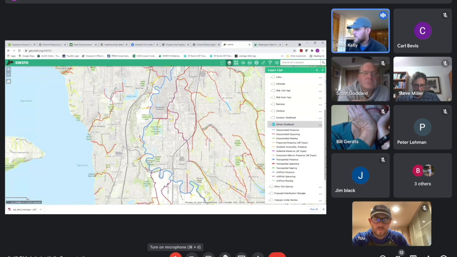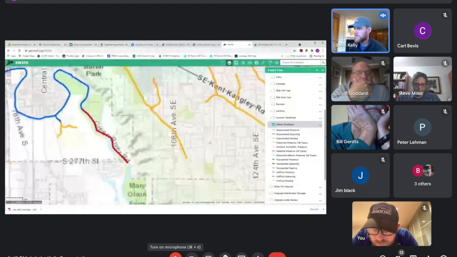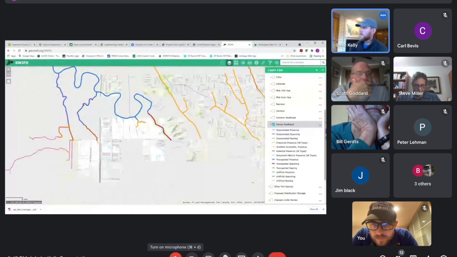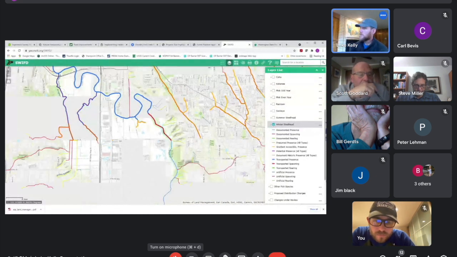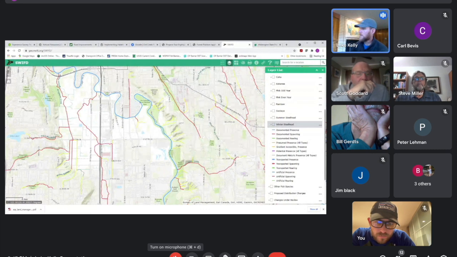So some of these are overlays, documented presence and spawning and rearing. Where's some green? I'm looking for green here. Sometimes zooming in will give you more detail. We're in a pretty urban environment right here, so that might be what we have. So if I take steelhead off, you'll see what's going to happen. Something else is still highlighted.